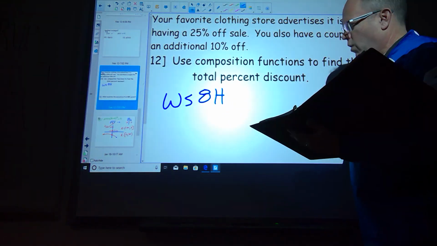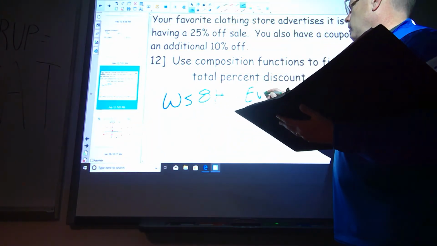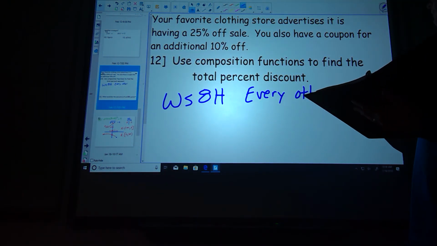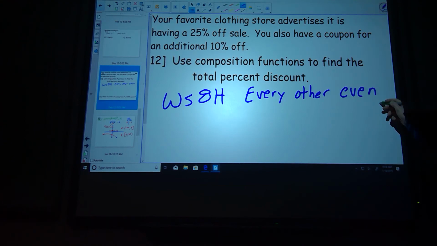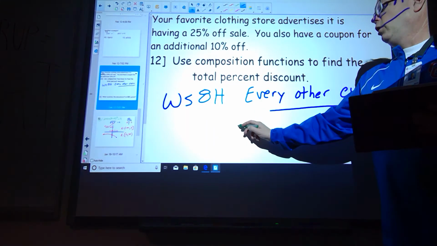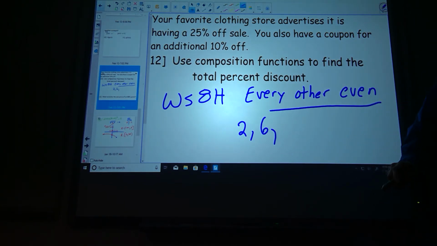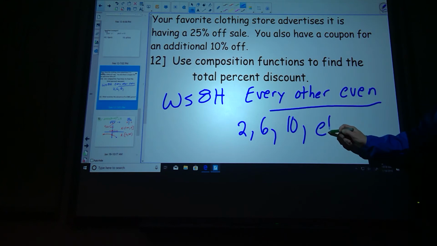And let's do every other even. So for those of you that find this hard, you do number 2, you skip number 4, you do number 6, you skip number 8, you do number 10, you skip number 12, etc. Got it? Every other even.